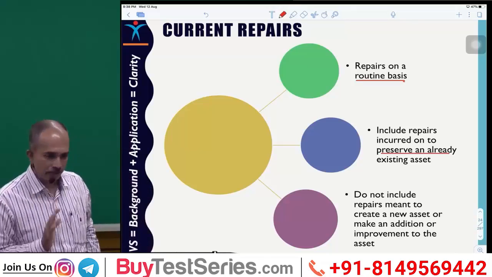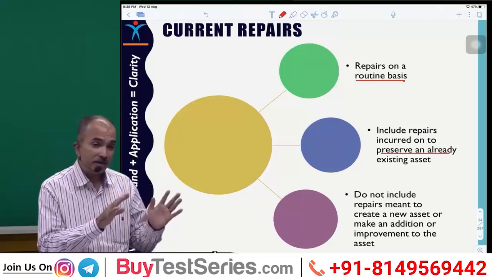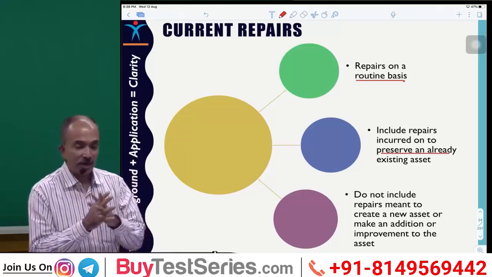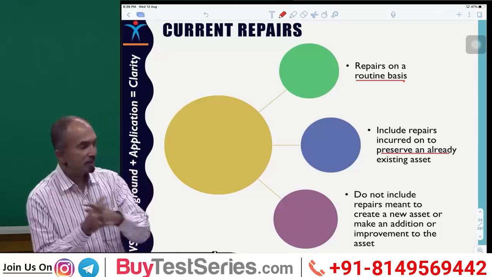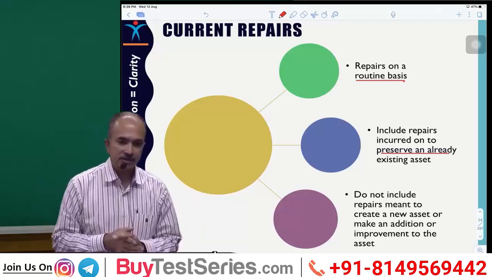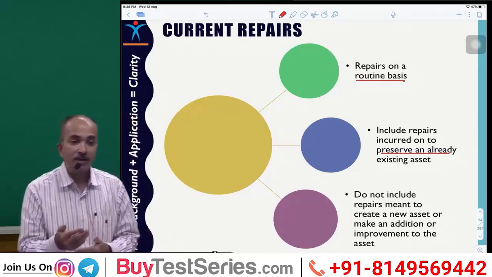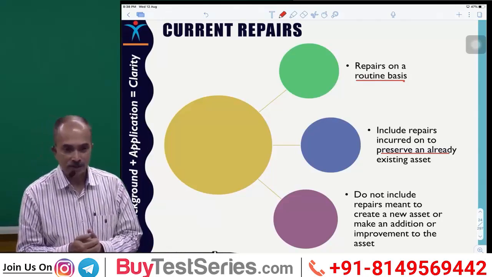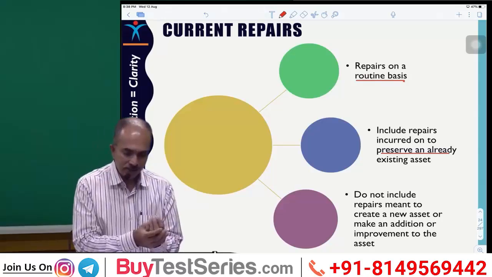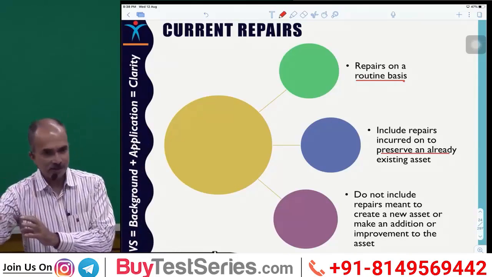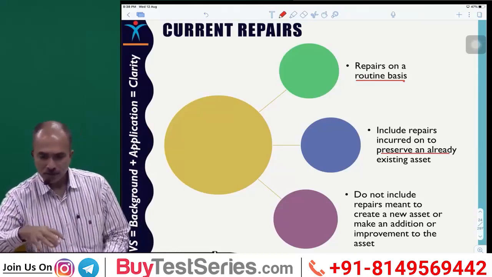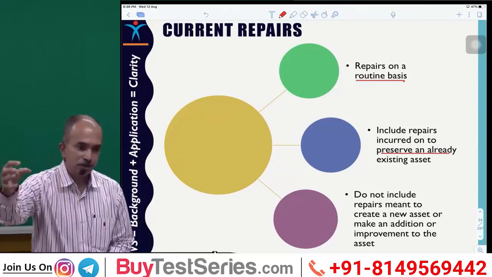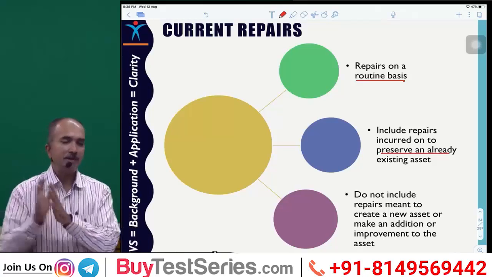It is current repairs. But if there is a creation of a new asset, addition to an existing asset, enhancement of an existing asset, it will become capital expenditure. तो मेरा existing asset है, I created a new asset, or to my existing asset there is an addition which has happened, that is capital expenditure.